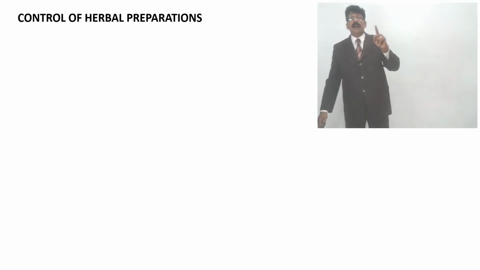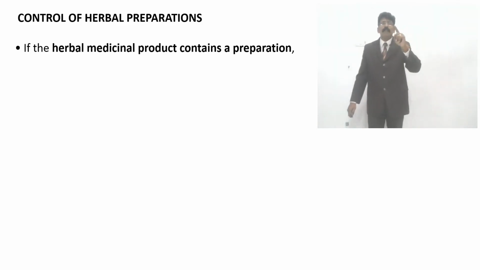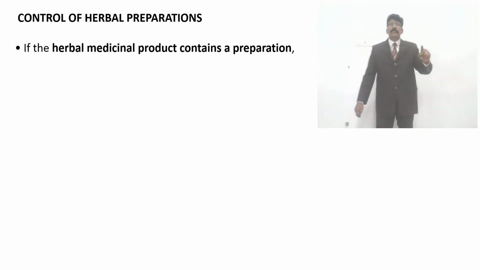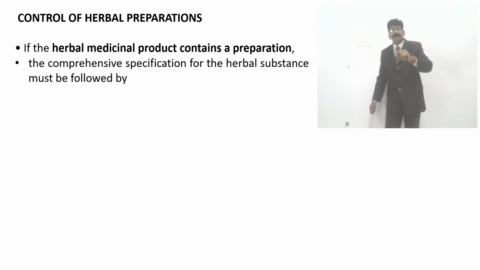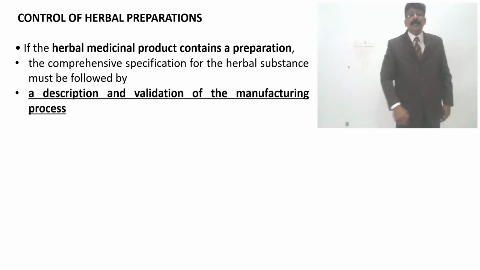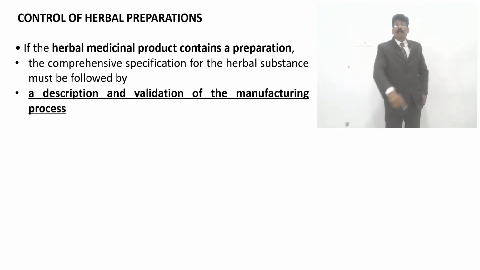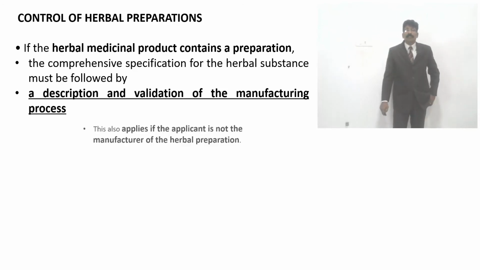Previously control of herbal substances, now control of herbal preparations. If the herbal medicinal product contains a preparation, the comprehensive specification for the herbal substance must be followed by a description and validation of the manufacturing process.